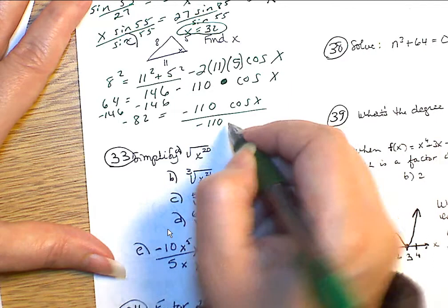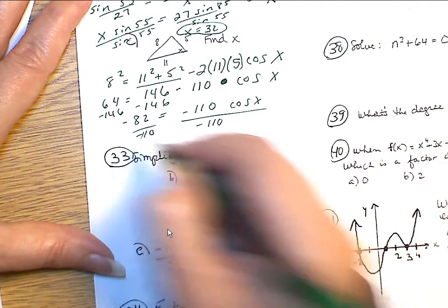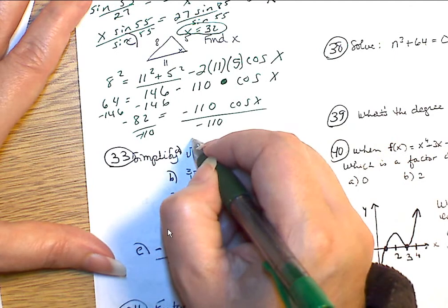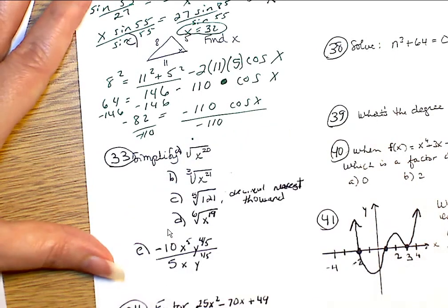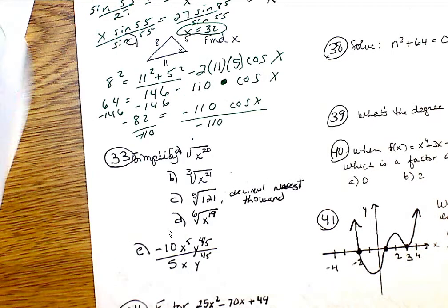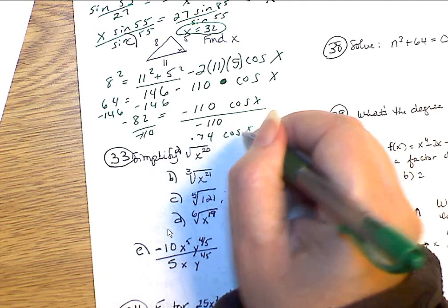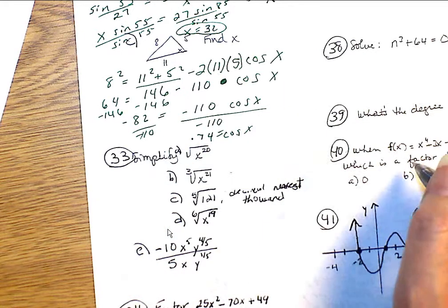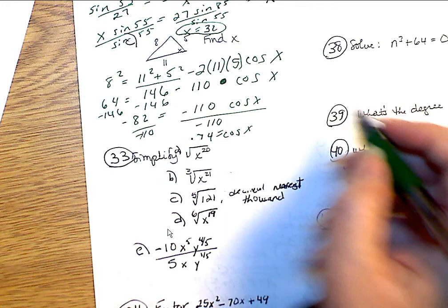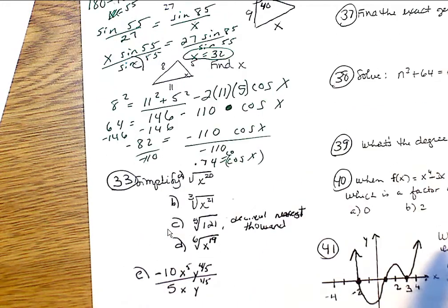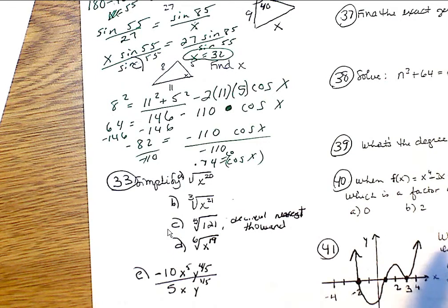So I'm going to get 0.74 cos of x. To solve for x, I have to do cosine inverse.